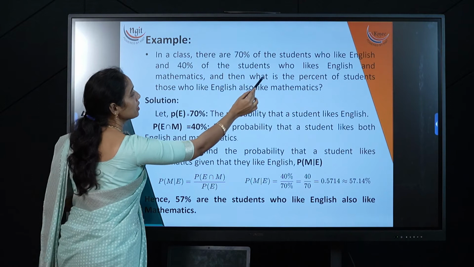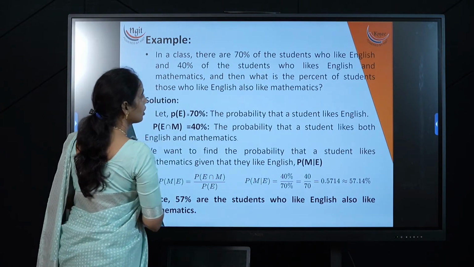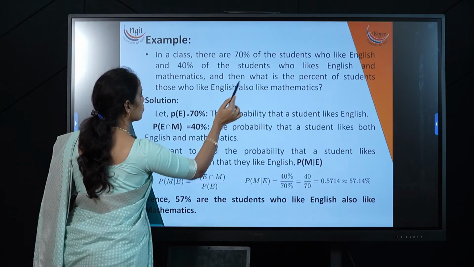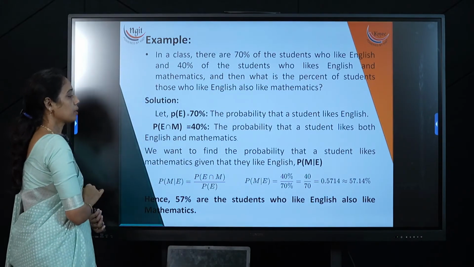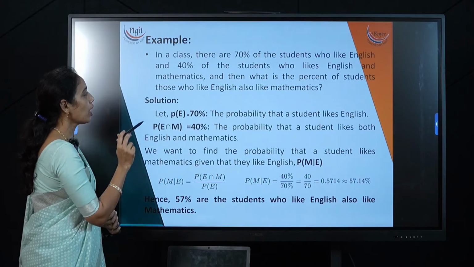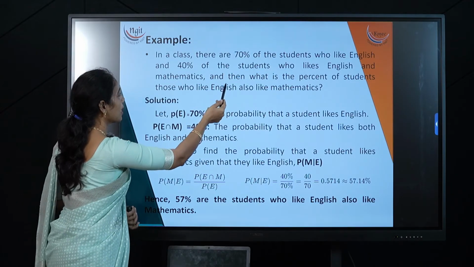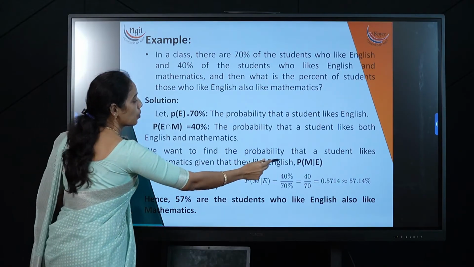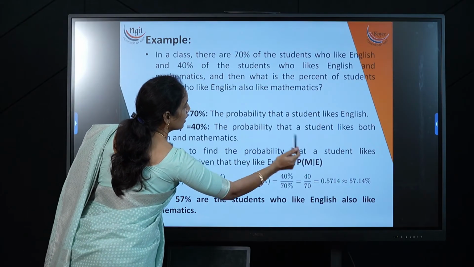That is, the probability that a student likes English is 70%, and here also given 40% is the probability that a student likes both English and mathematics. Then we want to find out the probability that a student likes mathematics given that they like English. That is given as probability of M given E.